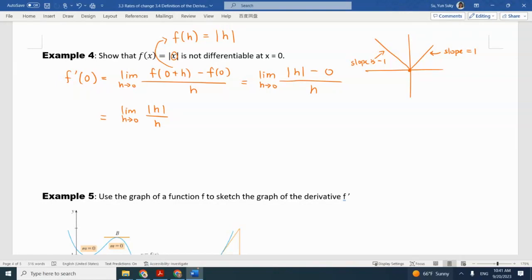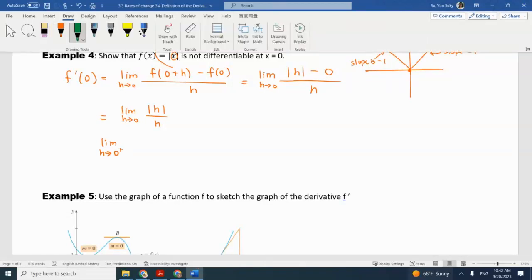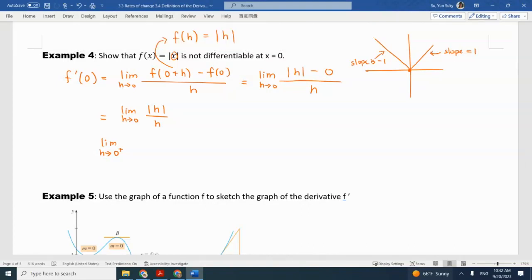Now if you let h go to 0 plus, how do you break absolute value? If h is greater or equal to 0, then it's just h. Do you all know absolute value is always greater or equal to 0? But if h is negative, the minus h will be positive.